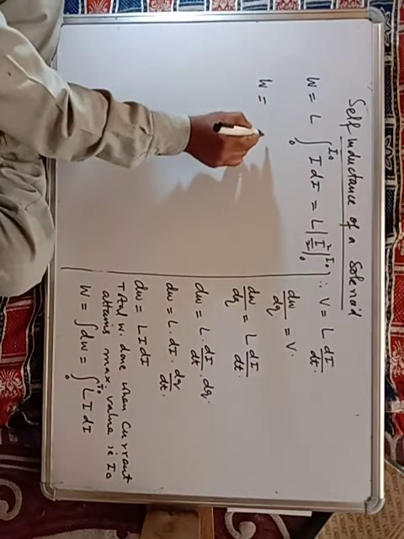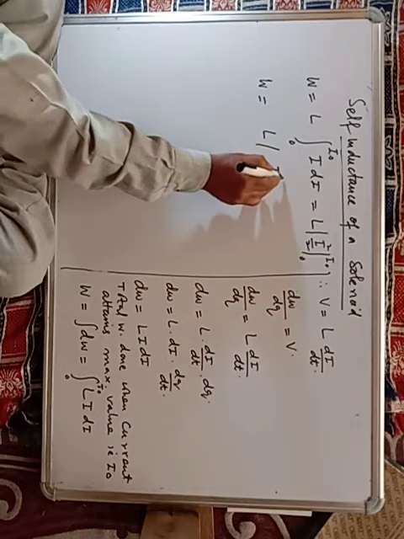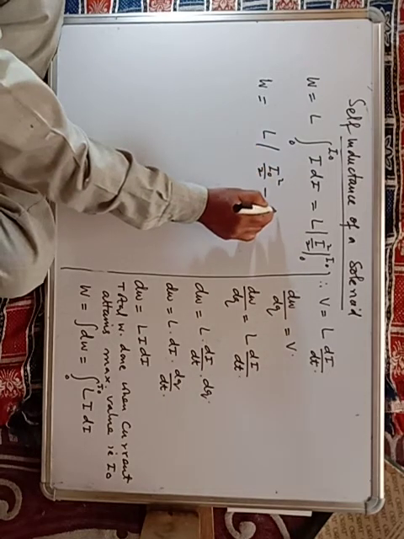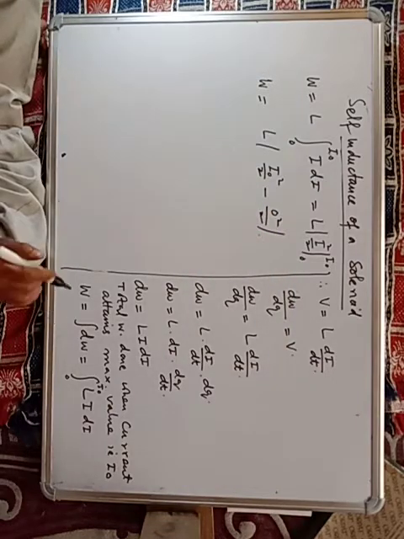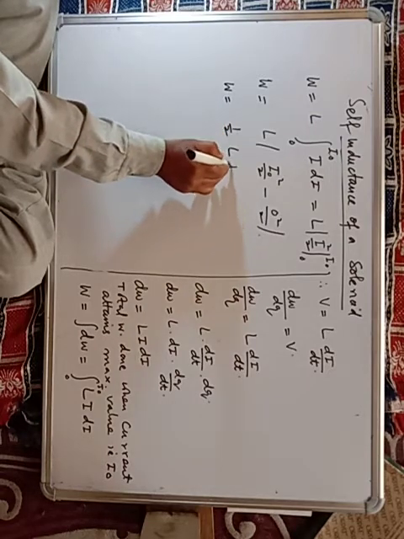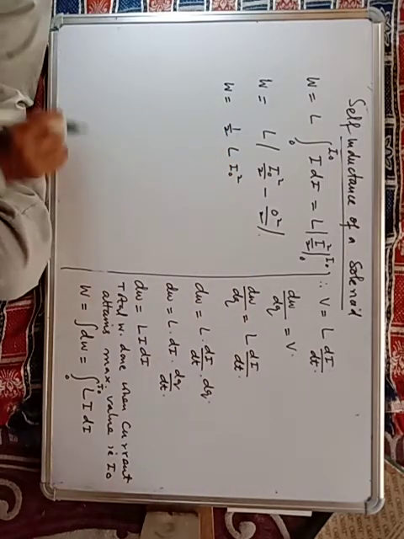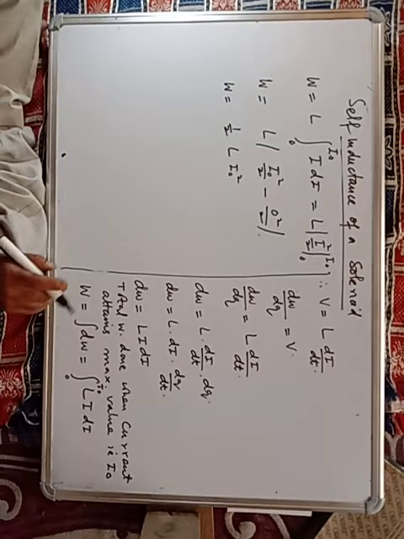W is equal to L into I naught square divided by 2 minus 0 square divided by 2, using the limits. So we will get here W is equal to 1/2 of L I naught square. So this is total work done.